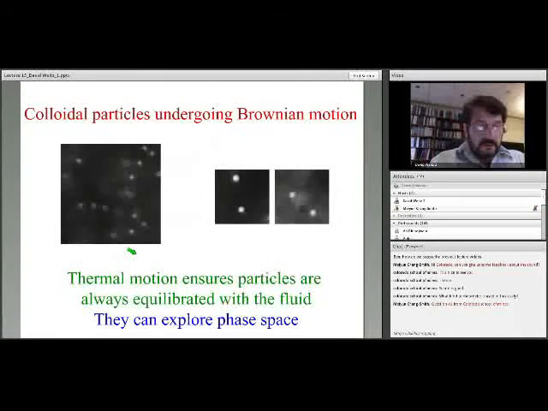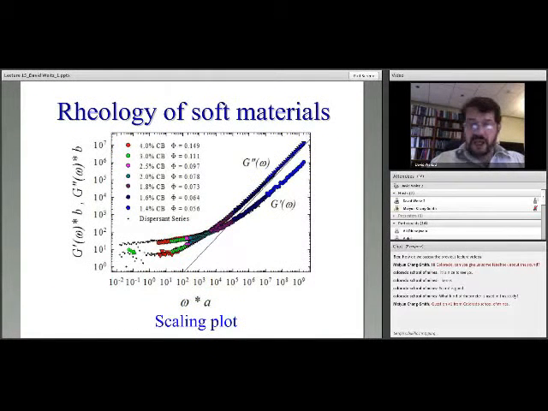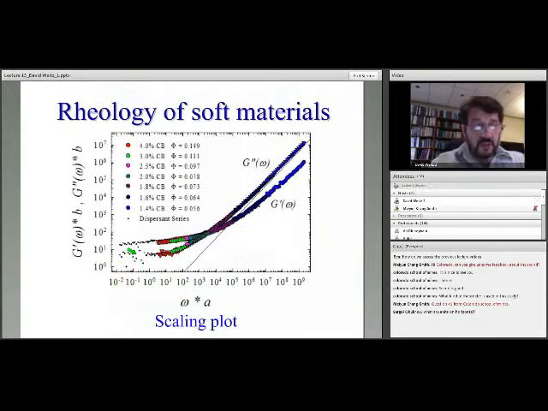So let's go back now. Question: what are the units on the horizontal axis? It's frequency, but there's a scaling factor. You can imagine that this is a frequency dependence.